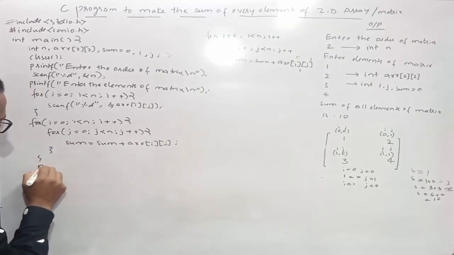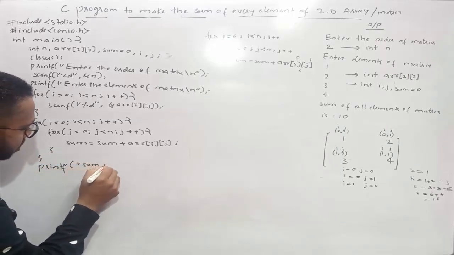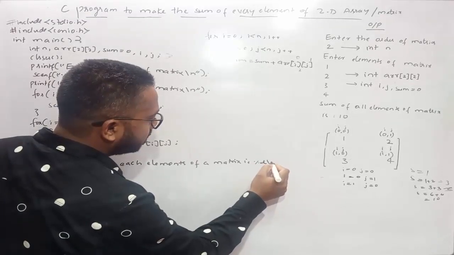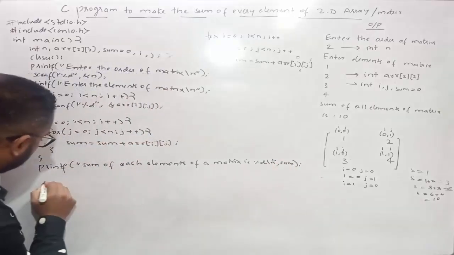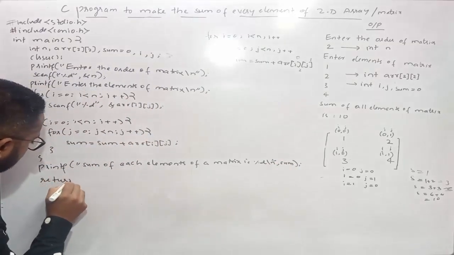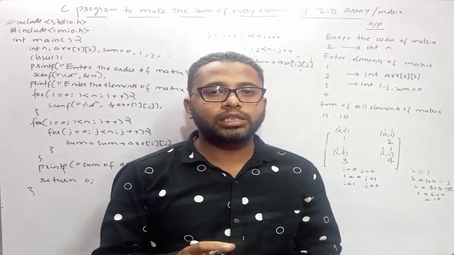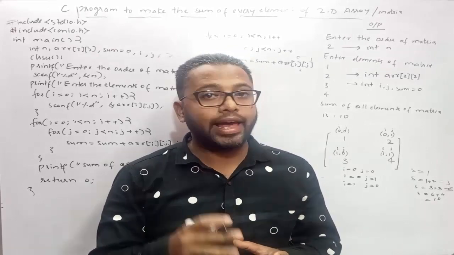Now I just need to print the sum. Printf sum of %d slash n comma sum. Return 0. Okay, so this is how you can write a C program to add each and every item of an array or a matrix.